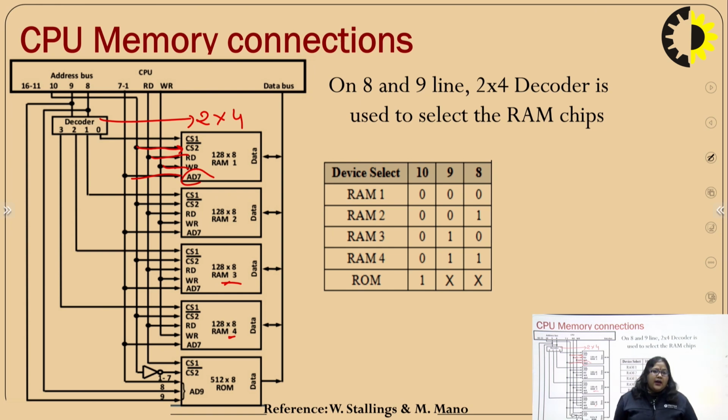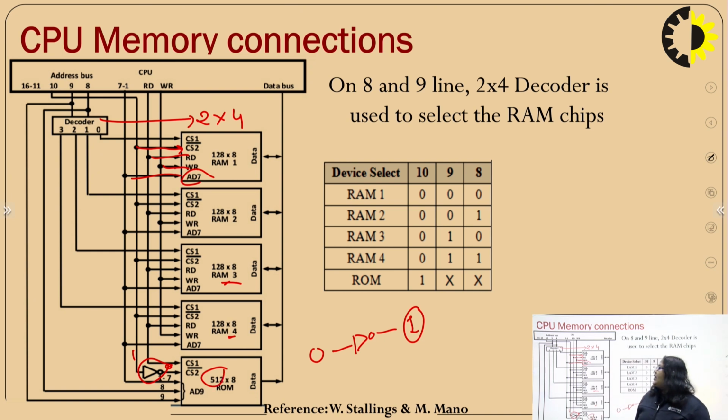But in the ROM we give 1, so we give the inverted value of that. So this is 1 and this is 0, and due to this 0 the chip select 2 value is 1, because if we give 0 to the inverted input, the output is 1. So this is the same as that in the ROM chip.